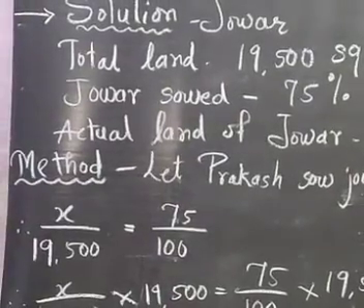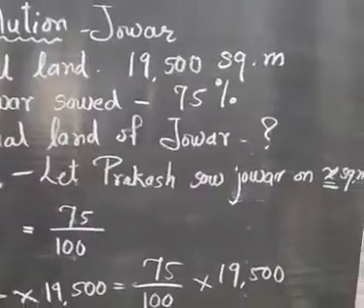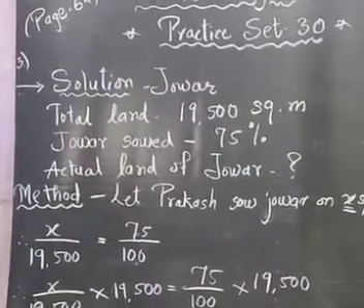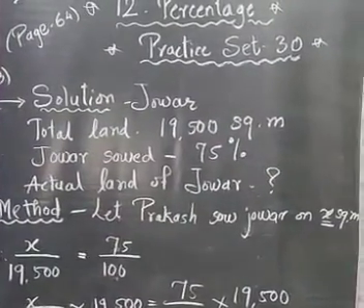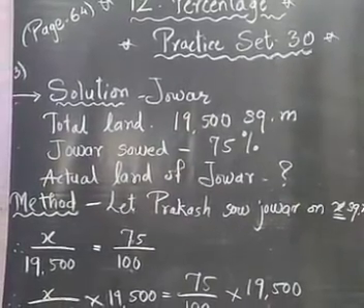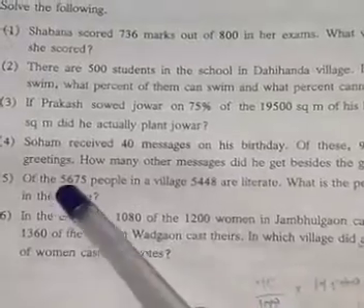So, Prakash sowed jawar on 14,625 square meter of land. Okay. So, this is example number 3. Prakash sowed jawar on 14,625 square meter of his total land. Okay. Let us see the fourth one now. Here is the fourth example.